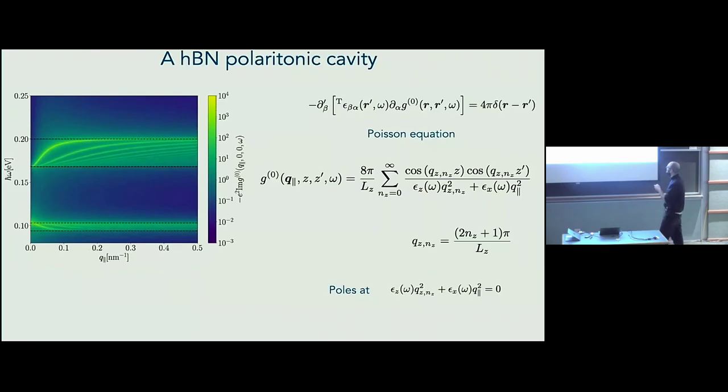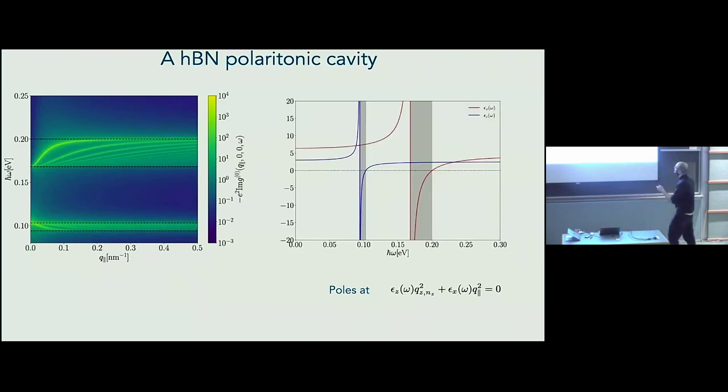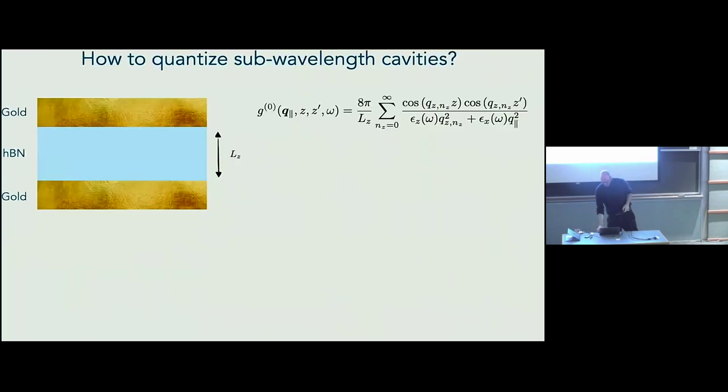And these poles are really dictated by this equation, and actually you can easily see that they are only there, which corresponds to this gray area, because this can be true only if the two epsilon have different sign, because this is positive, this is positive, and they can sum to 0 only if they are of different sign.